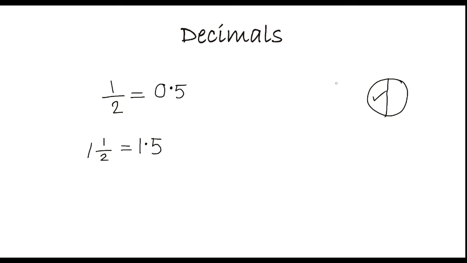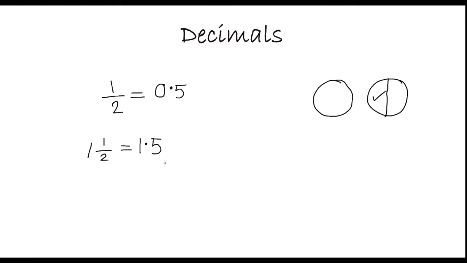The expression here will be another pizza. So you have one whole pizza and half of the other. This is the illustration of this decimal. So these are the decimal numbers.